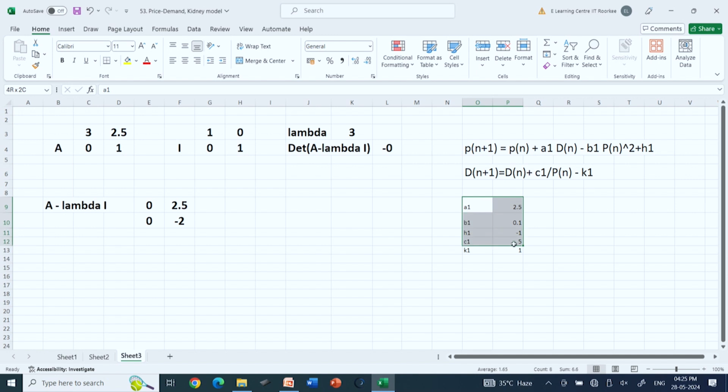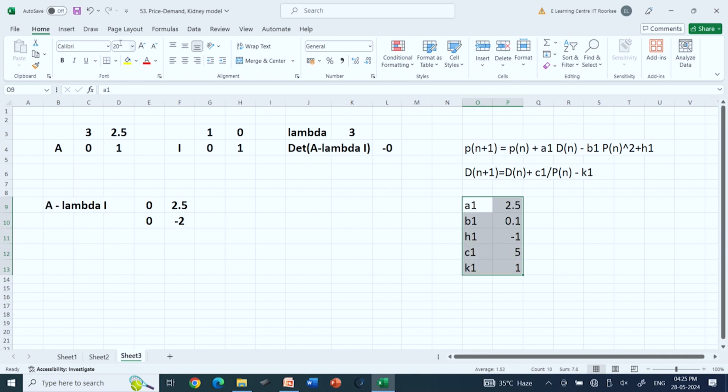Let me make them a bit bigger. Okay, so here is my P(n+1) and here is my d(n+1). Here I put n.